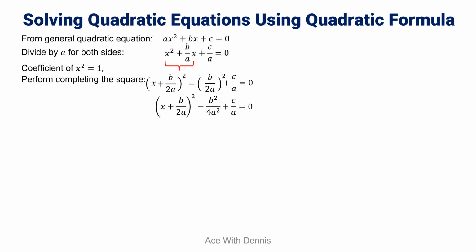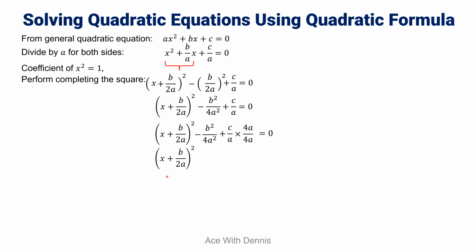Alright, now move on to the next step. Since we have two fractions for these two constants, we need to make them have the same denominator. So this term will still remain the same, b²/4a². And this term, we need to multiply with 4a for the top and the bottom, then equals to 0.